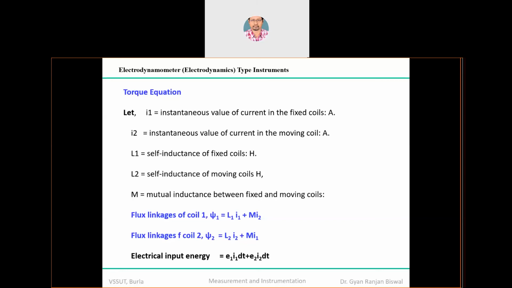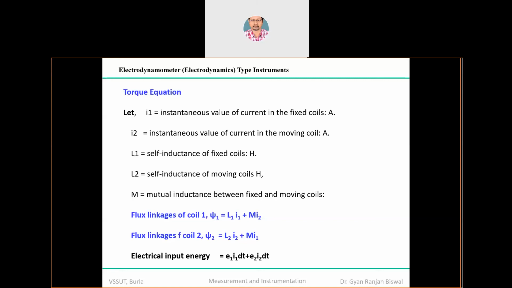Obviously, when more than one coil exists and current is passing in series, there will be a mutual inductance, right? So a certain amount of flux linkage will be generated by a coil, where the total flux linkage is more than the self inductance generated by a particular coil.